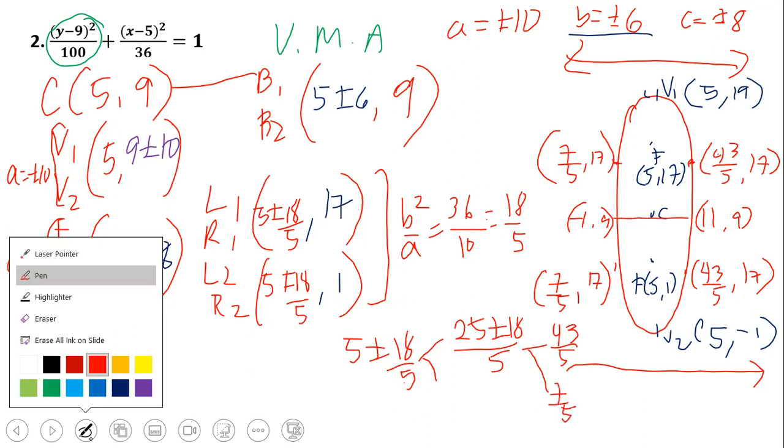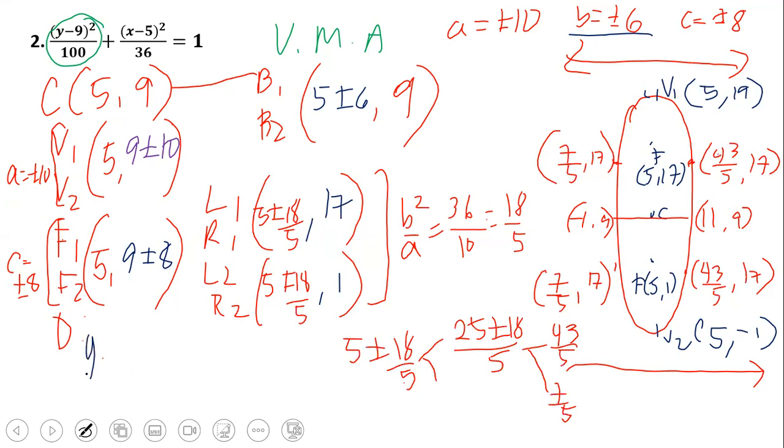And the last part, you also have the directrix. So this will become y is equal to k plus minus a squared over c, which is, our k is 9 plus minus, our a squared is 100 over c, which is 8. Or we can also reduce 100 over 8. So this is already 25 over 2, no? So you have 9 plus minus 25 over 2.